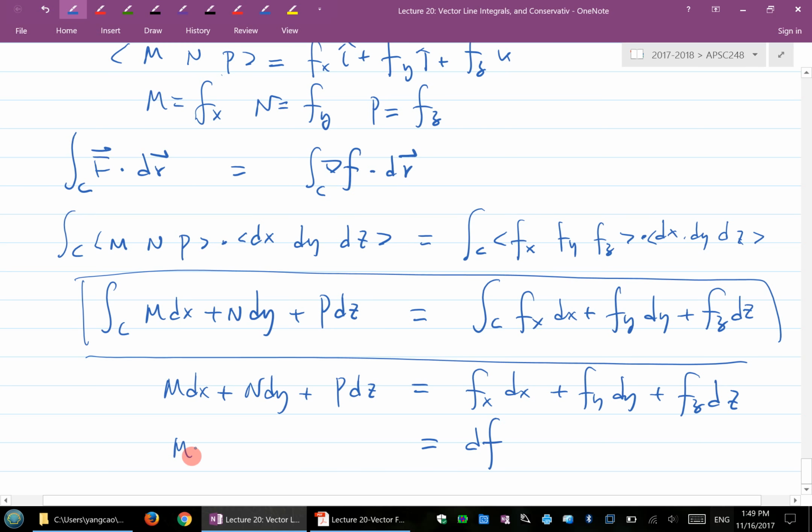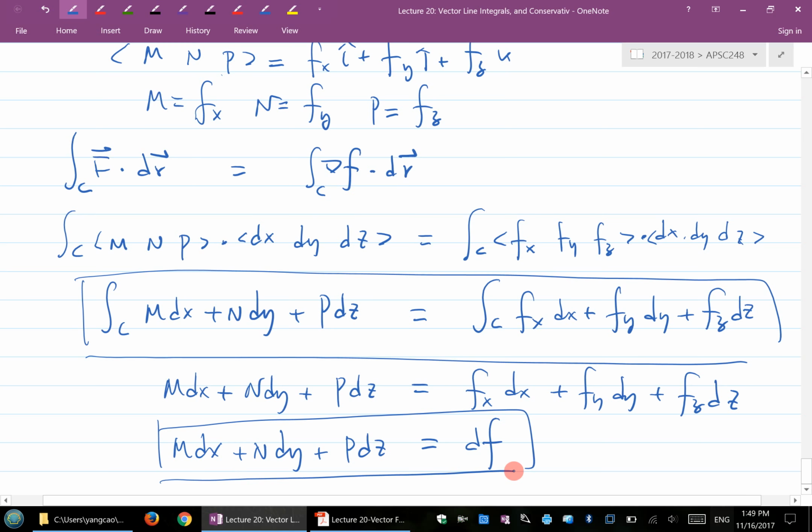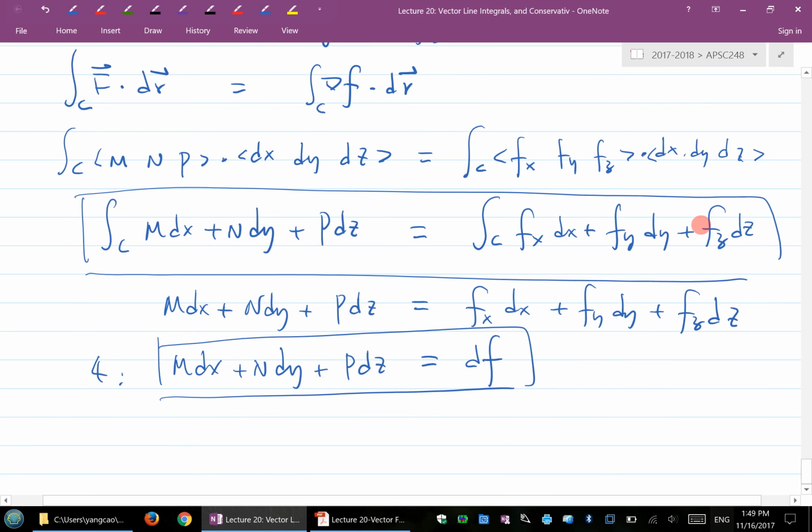So M dx plus N dy plus P dz equal to this. So this is your number 4. Your M dx, N dy, P dz equal to d of some scalar function. This scalar function is your potential function. This is actually called an exact differential.